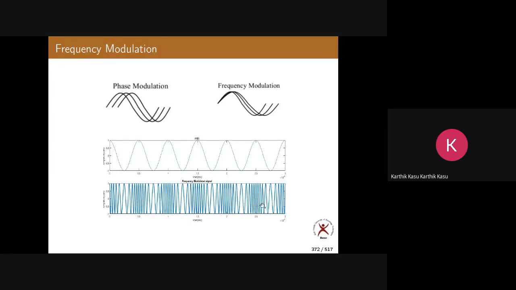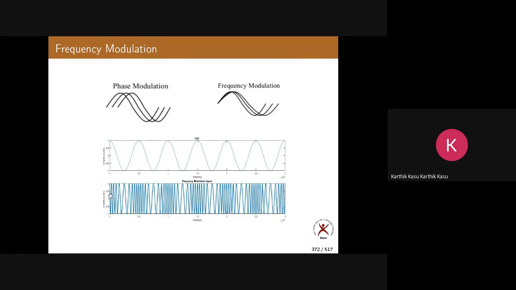You can observe very clearly. So these waveforms are very close to each other here. Here they are very far away from each other. Here again they are very close to each other. Again they are very far away from each other. So this tells us that the frequency of the carrier is changing according to the message signal M of t. But here you can say that it has got the same phase and same amplitude.